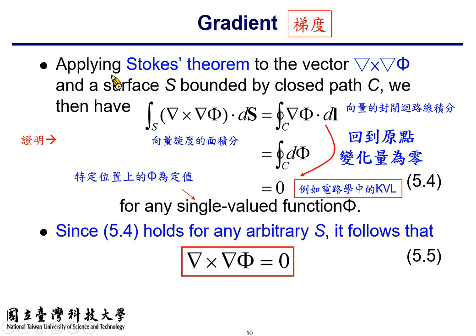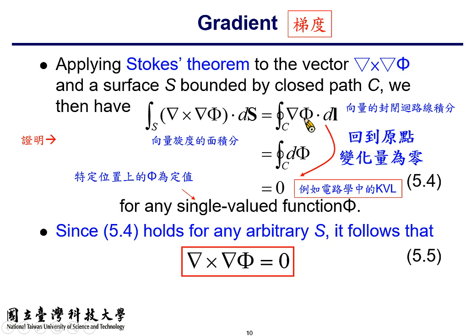Well, okay, because you accumulate the change of phi along a specific path, and this path happens to be a closed path. So you end up at the point or location where you started.